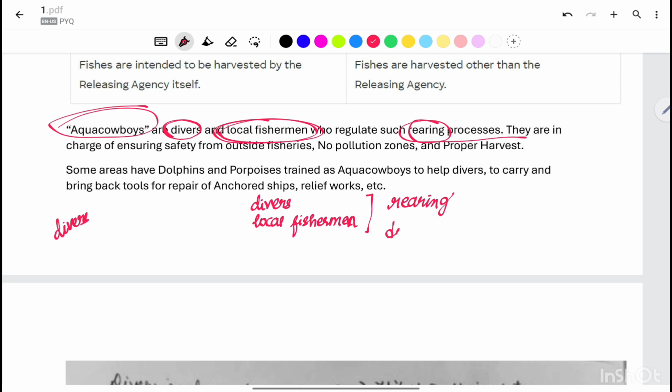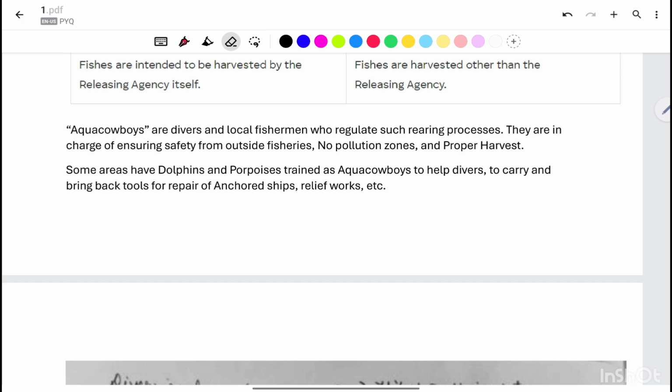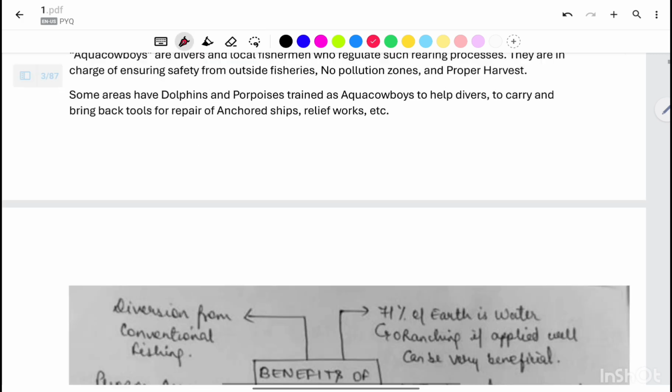They also have the support of dolphins and porpoises trained as aqua cowboys, to help the divers carry and bring back tools for the repair of anchored ships and relief works, etc. We have detailed the aqua boys as well.